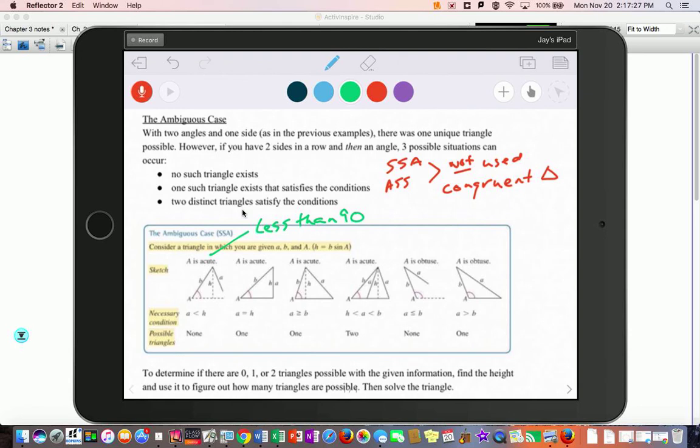Well, if you have the angle side, and I'm going to refer to this as the partner side, and this as the other side.